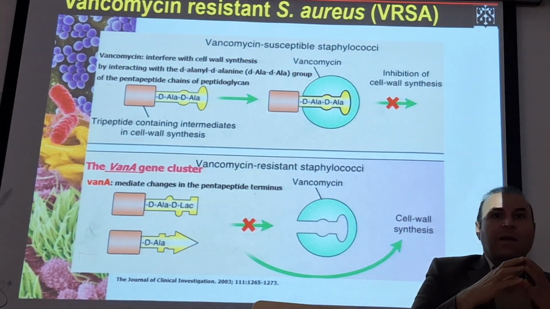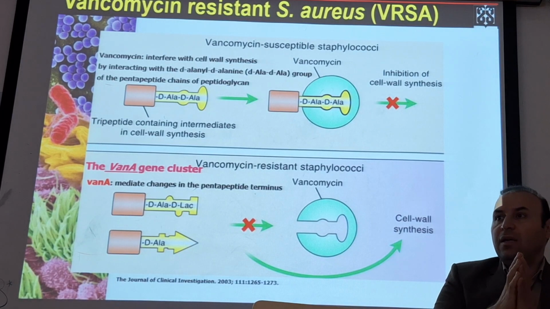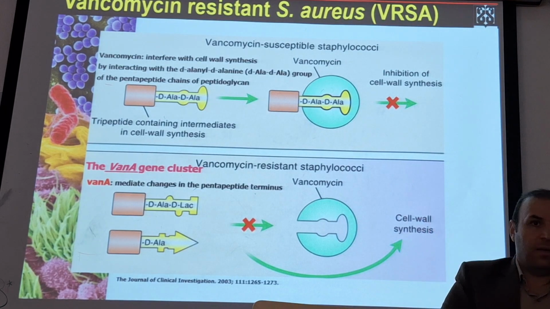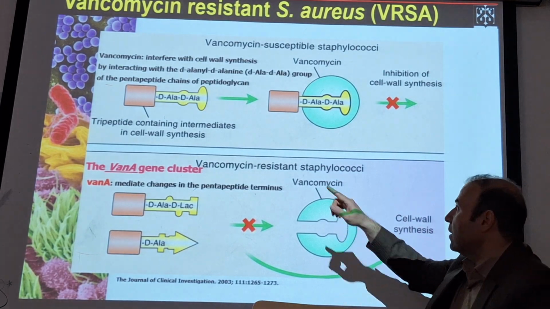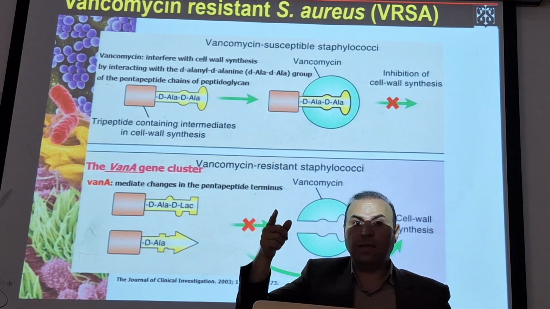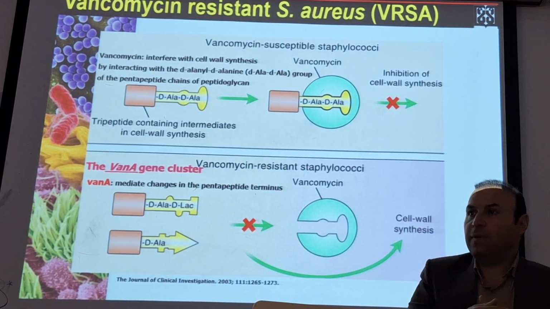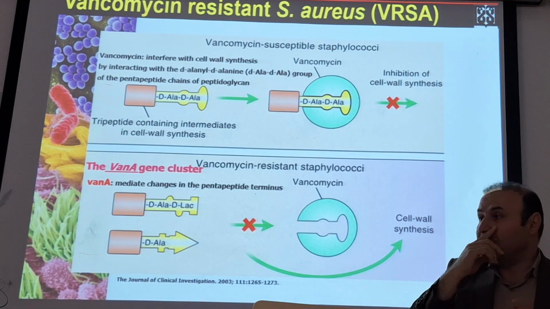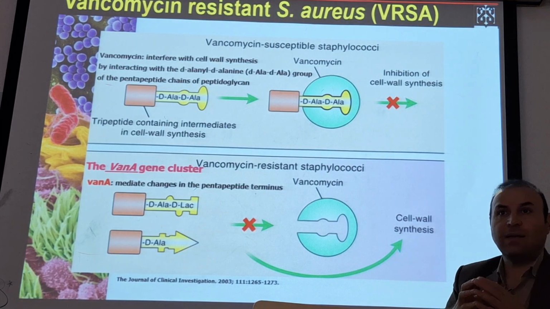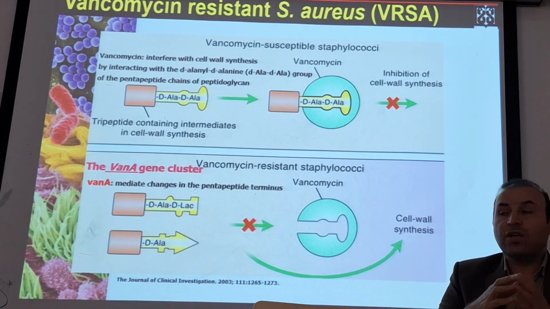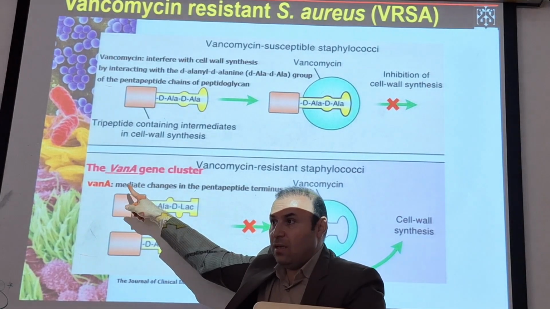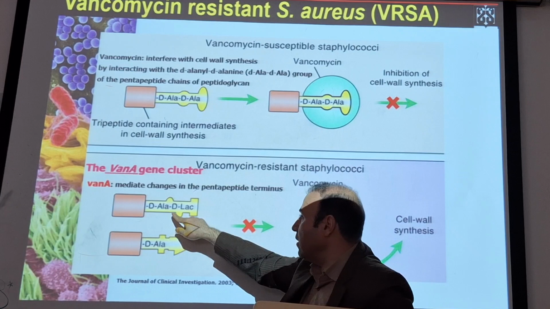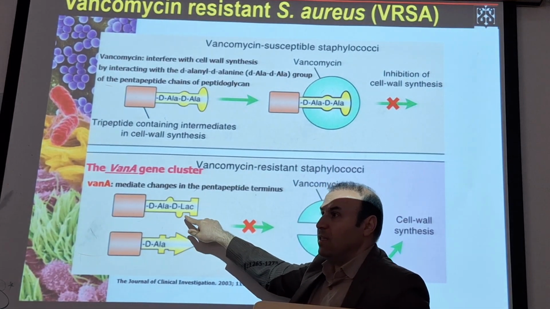Vancomycin has a structure similar to D-alanine in the pentapeptide chain. It binds to the D-alanine in pentapeptide and blocks, inhibits the formation of cross-linkage. Strains of Staphylococcus aureus which have the van gene change the D-alanine to D-alanine D-lactate or D-alanine D-serine.